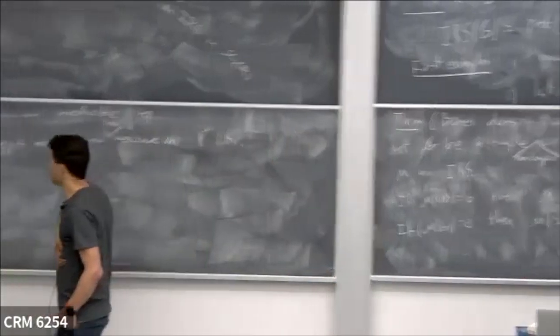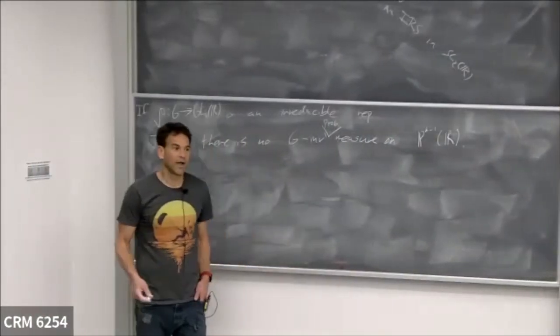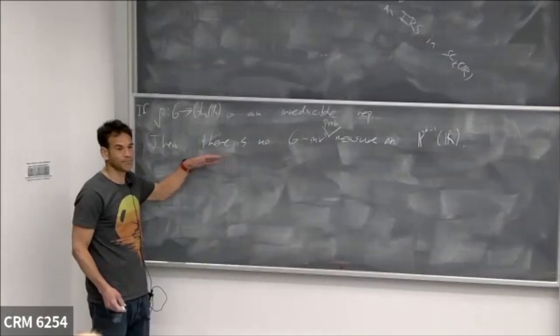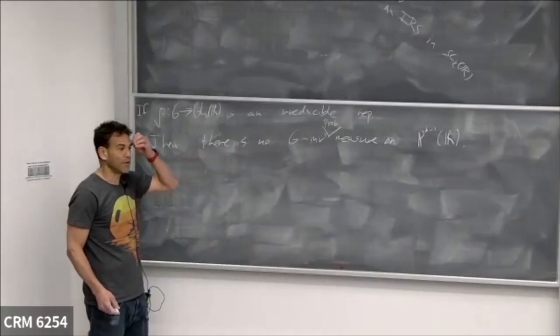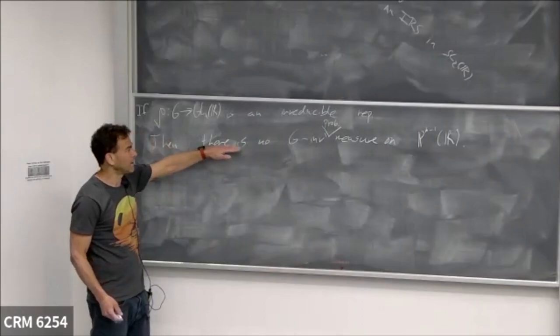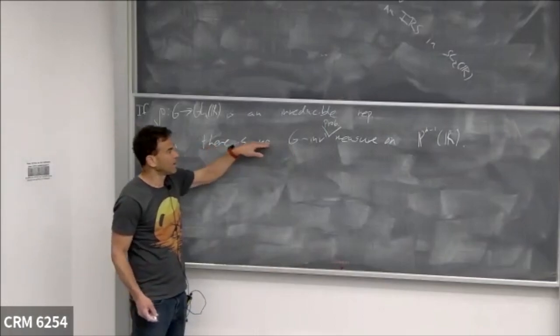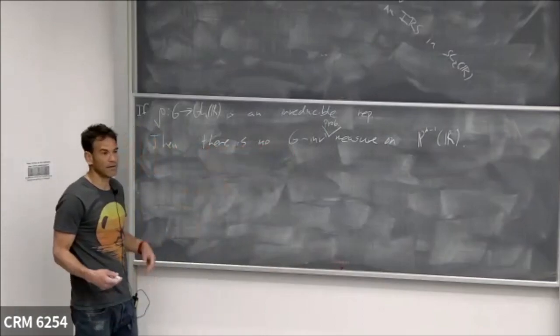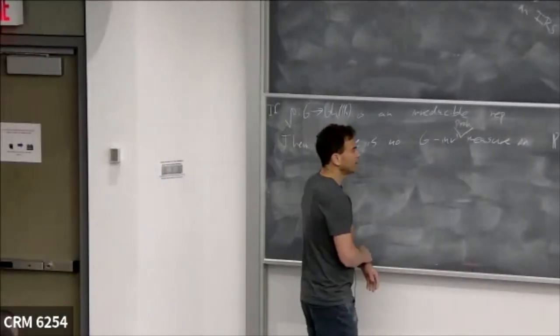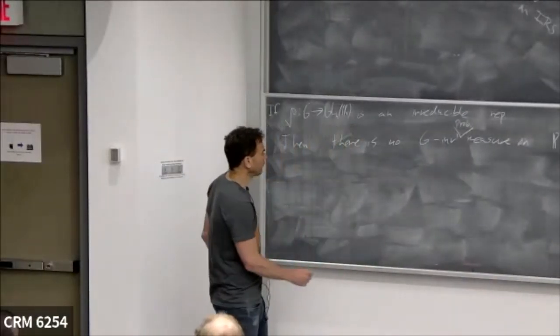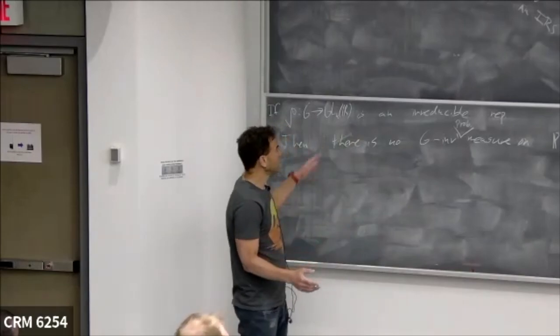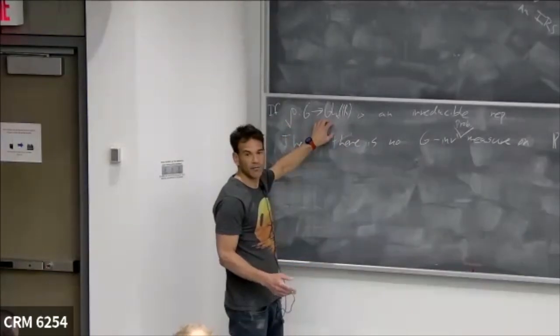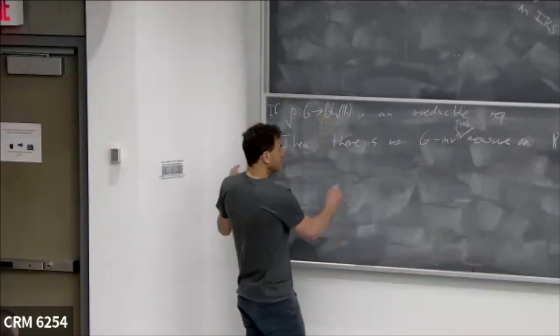And the idea is to look at the KAK decomposition of GL_n(R), the Cartan decomposition, where K is just SO(n), the maximal compact, and A is the diagonal.